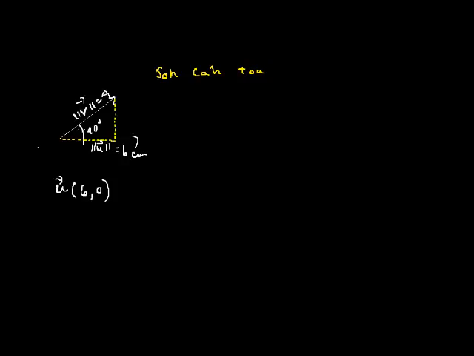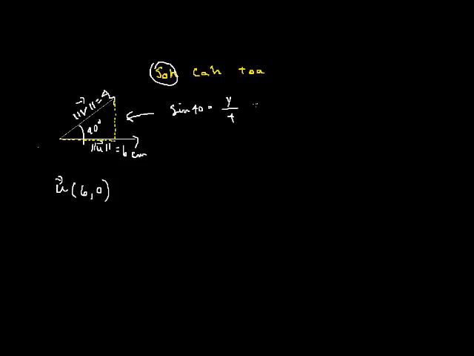Hence, sine, which is opposite over hypotenuse, is what I'm going to use to find the height over here. So sine of 40 equals opposite, which I'm looking for, I'll call that y, over hypotenuse, 4.